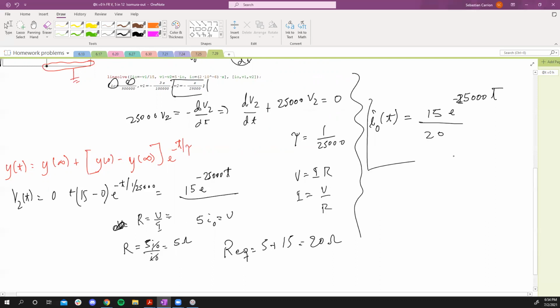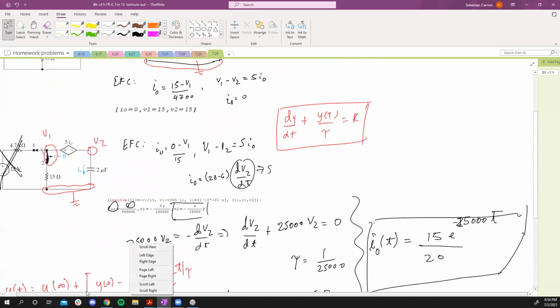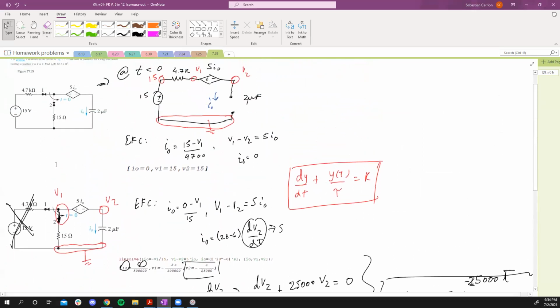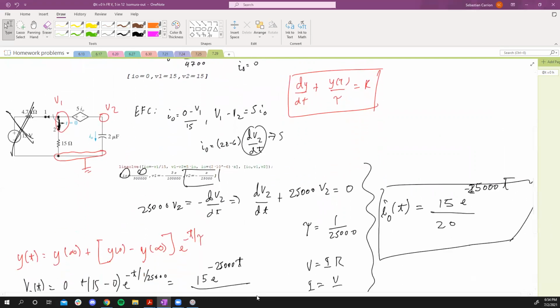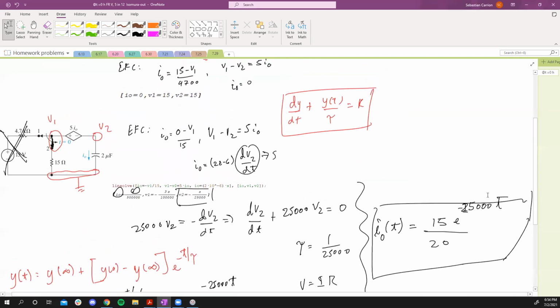So this here would be our value. This would answer the question. This would be our i0 for t greater than 0.